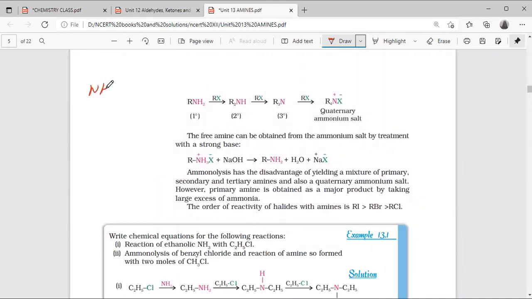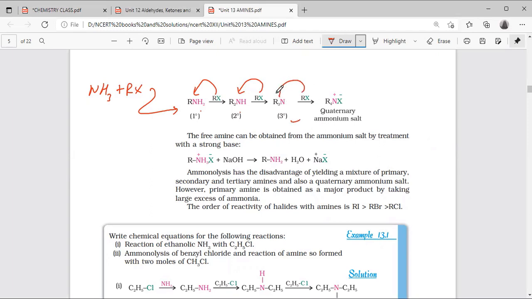You can see here, initially we take NH3 plus RX, so RNH2 is forming. Then RNH2, if it again reacts with RX, secondary is forming. If the secondary again reacts with RX, then tertiary is forming.